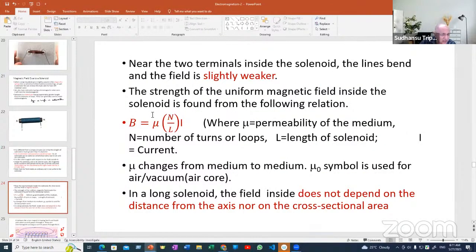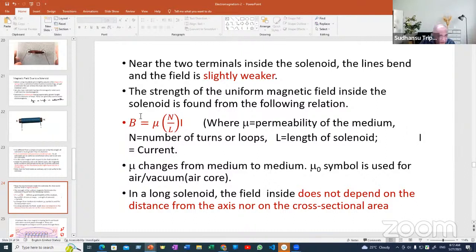We know that if current is passed through a long solenoid, it produces a uniform magnetic field inside, and that magnetic field is independent of the distance from the midpoint or the axis of the solenoid, and also independent of the cross-sectional area.